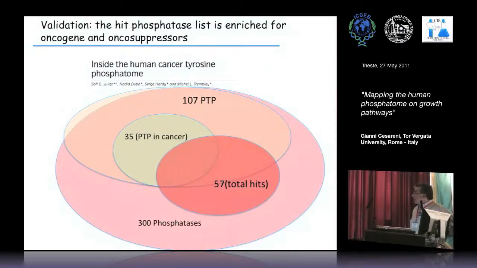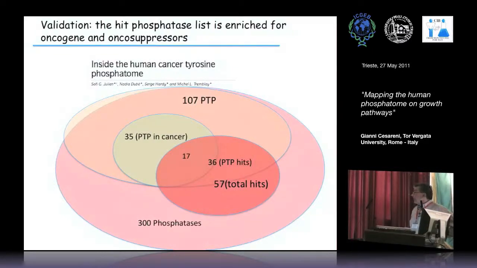So among our total hits, I call hits the phosphatases whose inhibition in some way affects our phenotype, we have 57 phosphatases: serine phosphatases, regulatory subunits, protein tyrosine phosphatases. 36 of these hits are protein tyrosine phosphatases, so we can compare with this data set.